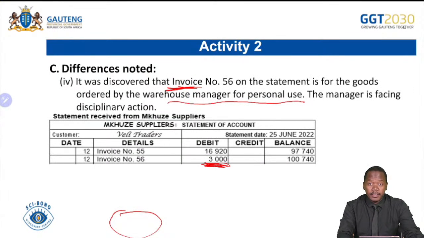Welcome back, grade 12s. The question was, what should the business do to ensure that debtors pay on time? The responses for the final exam, for any exam that you'll be writing, would be: charge interest for those who are paying late, send statements to those who do not pay accounts or to all debtors.